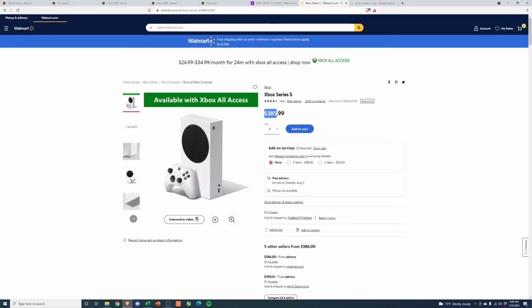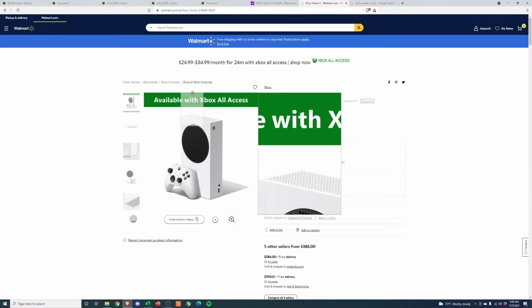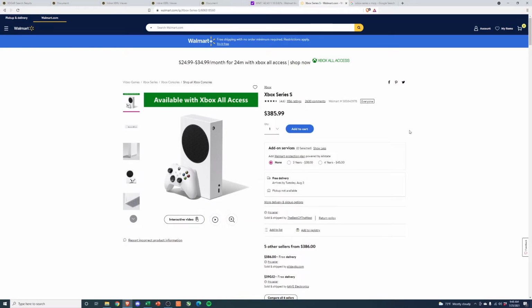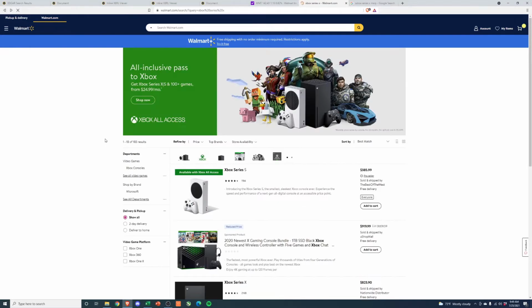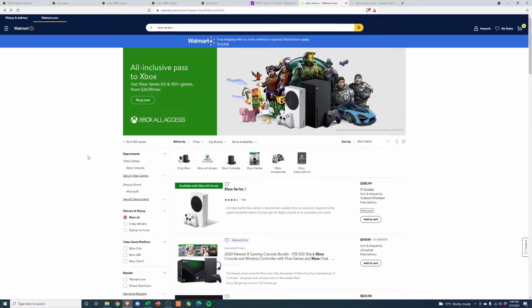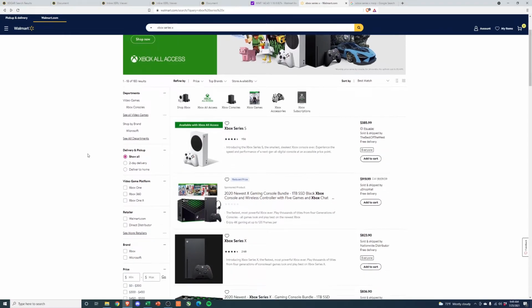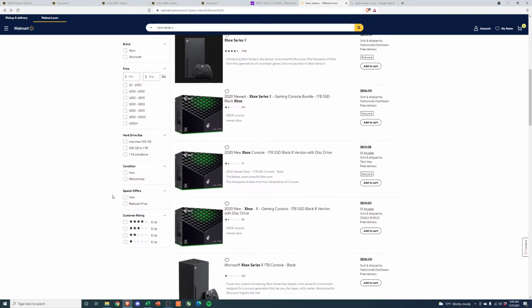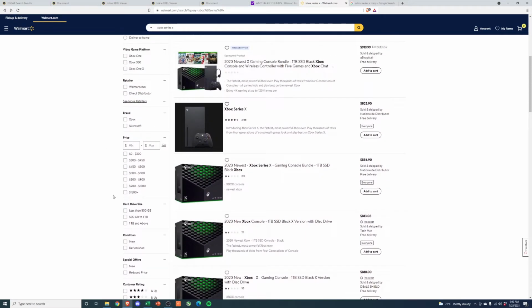It's being sold here for $385, so basically it's on Walmart's website for $86 more. When I went to Walmart, I was expecting things to be sold by Walmart. I know this is a complete random tangent, but this is why I don't think their e-commerce is going to be that great.